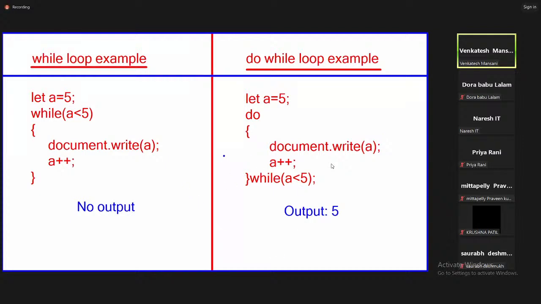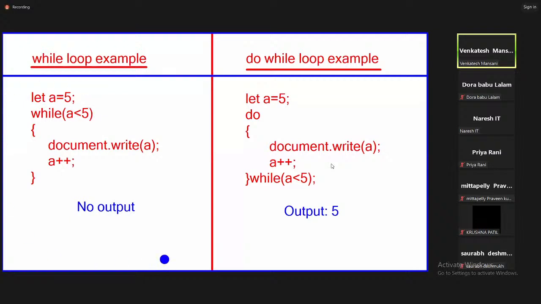So here, first A value is 5. 5 less than 5?